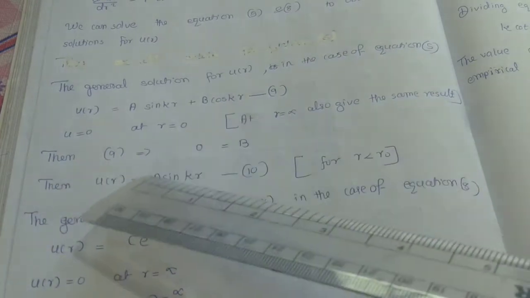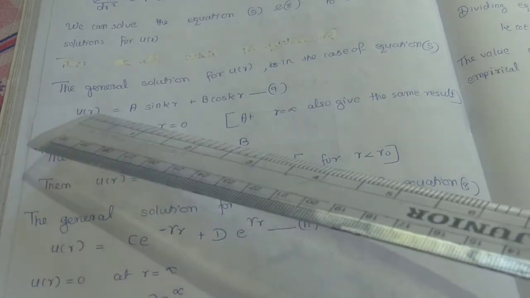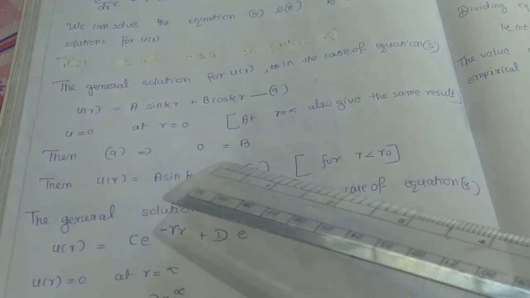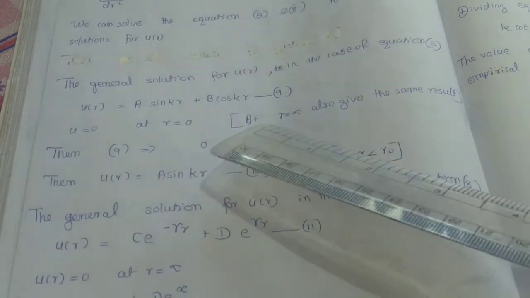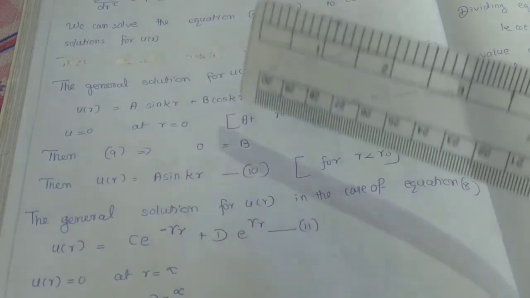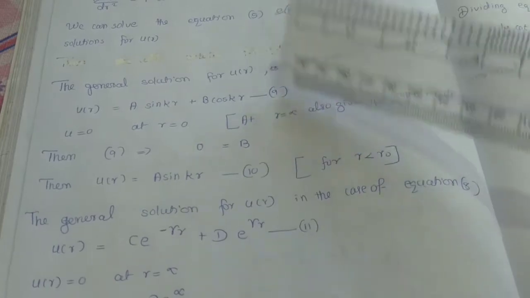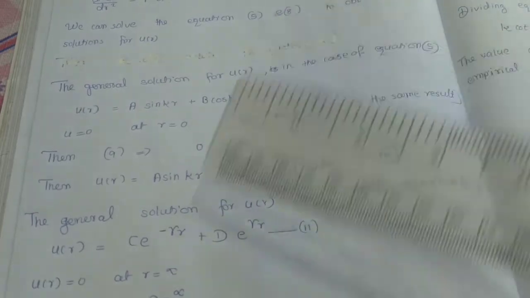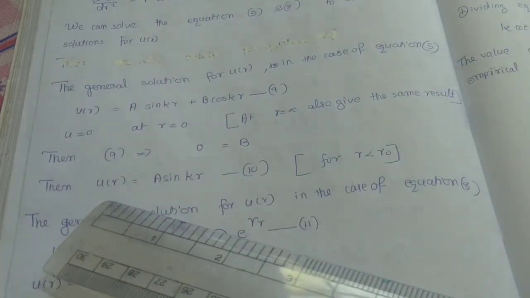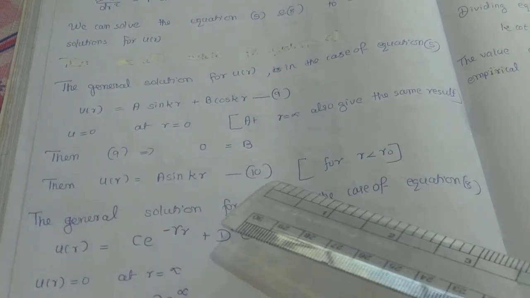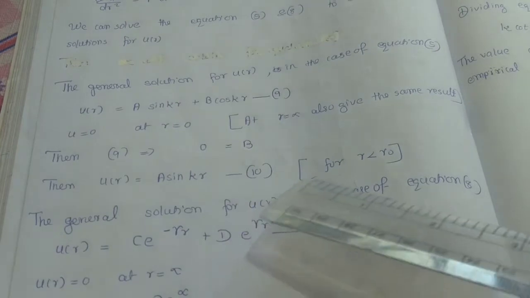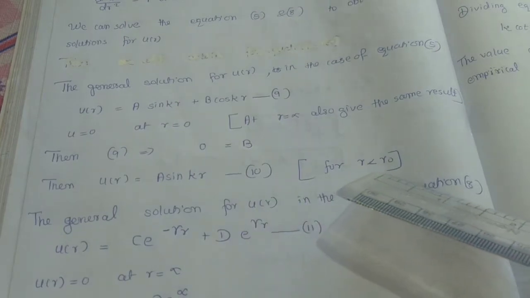Then equation 9 becomes 0 equal to 0 plus b, that is b equal to 0. Substituting the value of b in equation 9, the expression becomes u of r equal to a sin kr. This is equation number 10. This equation is valid for r less than r0.